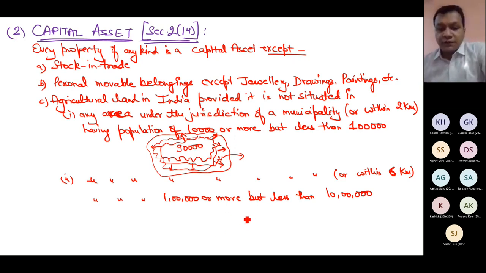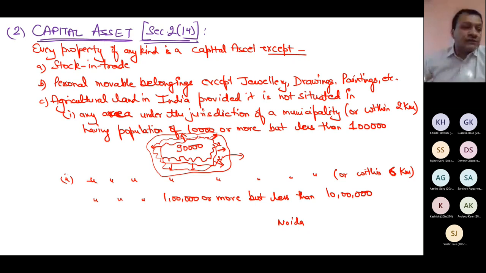Like, for example, the population of any city, I think Noida you can take as an example. I don't remember exactly the population of the city as per the 2011 census of Noida.